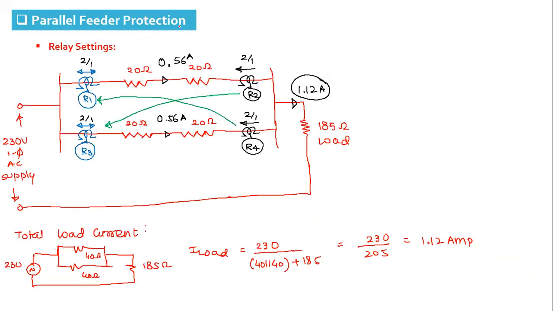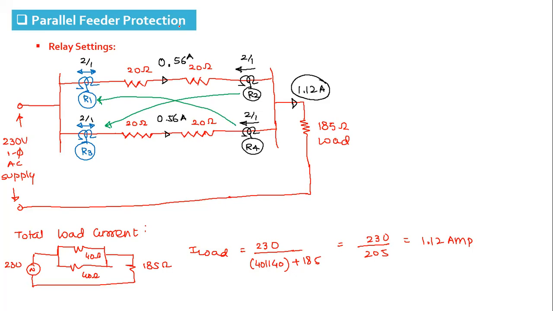So for TMS, what is the process? For TMS, we coordinate between the primary relay and backup relay, and we add a discriminating time interval of 0.25 seconds for the successive operation of the primary and backup relay pair. And for that, we consider the fastest operation of the primary relay.